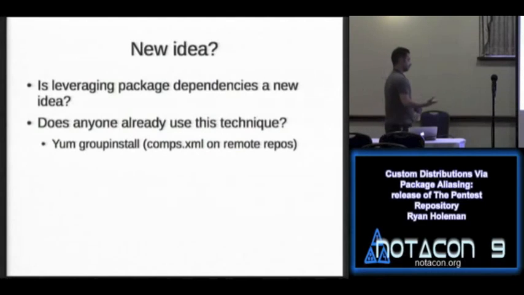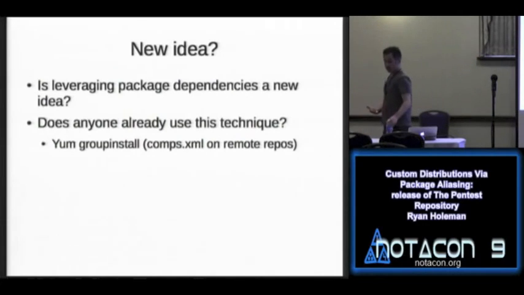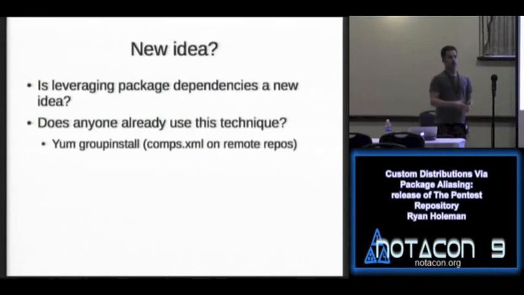And also, RPMs actually have an API that allows you to take the same approach. It's called group install, right? I have a little rant about actually using this technique. Basically, what group install will do is on your remote repository, you define a comps XML file, and this comps XML file defines all the packages that this group will install.